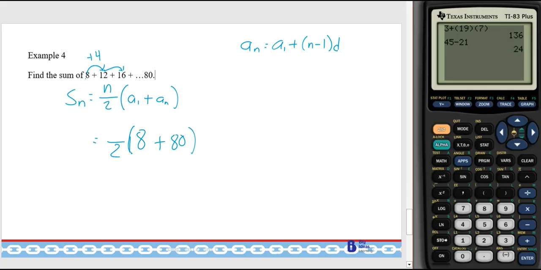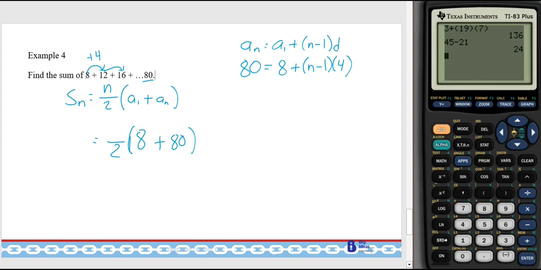So to find the n value for 80, 80 is equal to first term of 8 plus n minus 1 times the common difference that I figured out was 4.